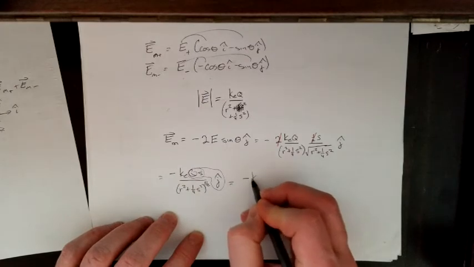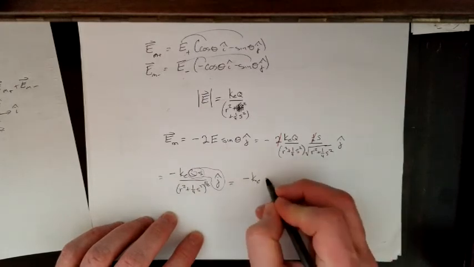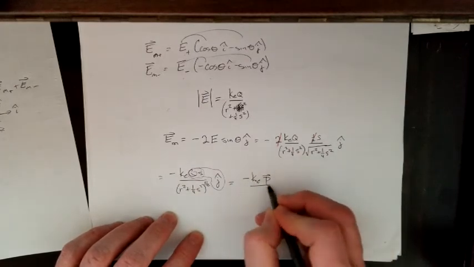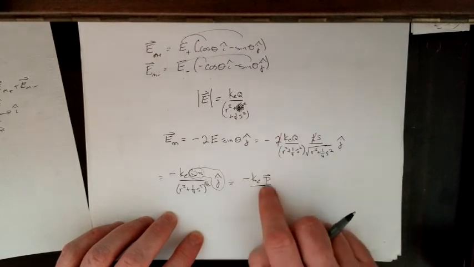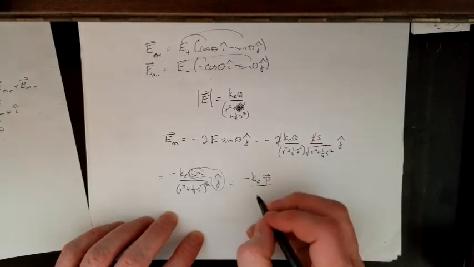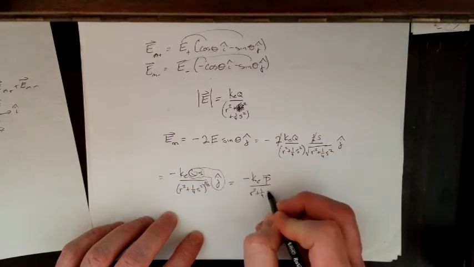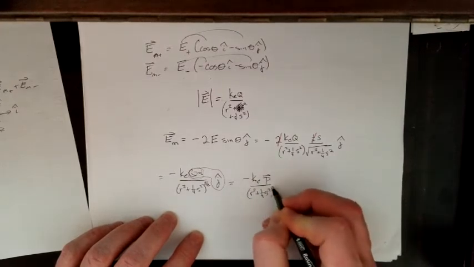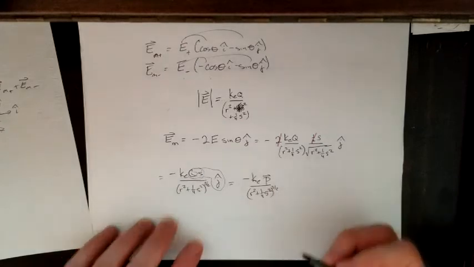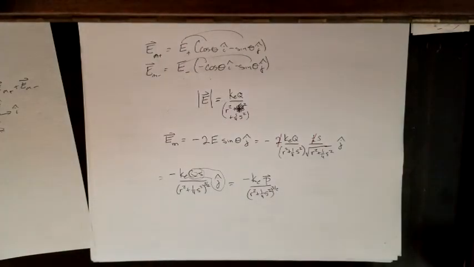So I'm left with negative the electrostatic constant times p vector. And again, this is the electric dipole moment. It is not momentum. Over r squared plus 1/4 s squared to the 3/2. And now it comes down to exactly how you want to work it out.